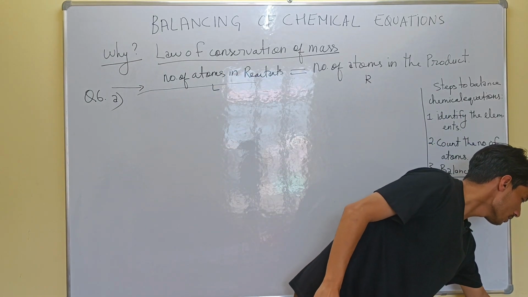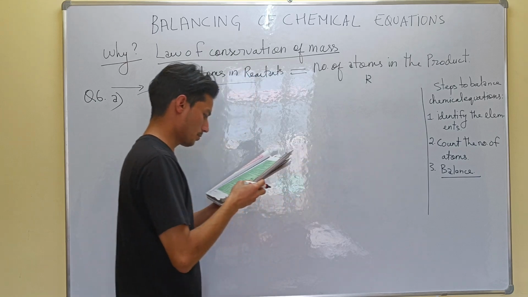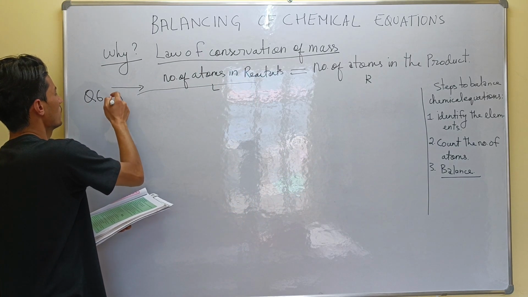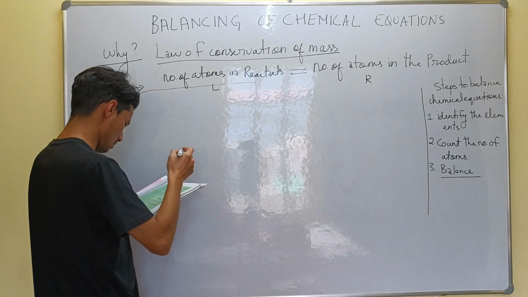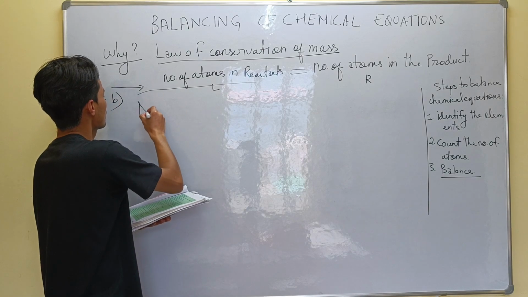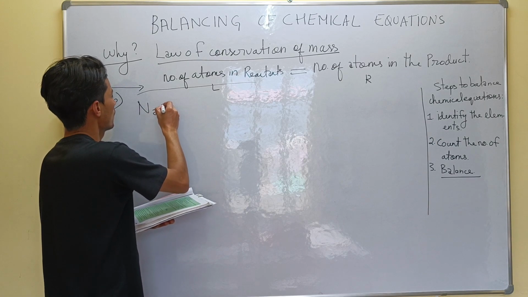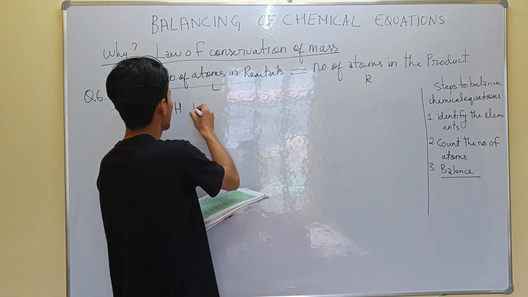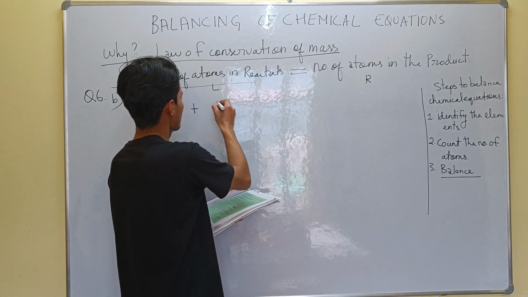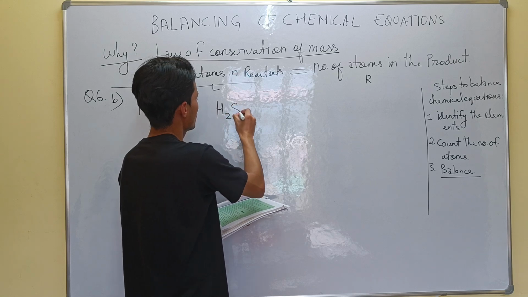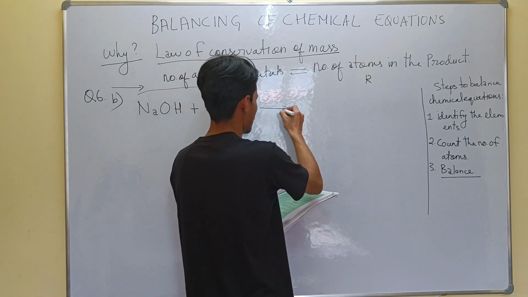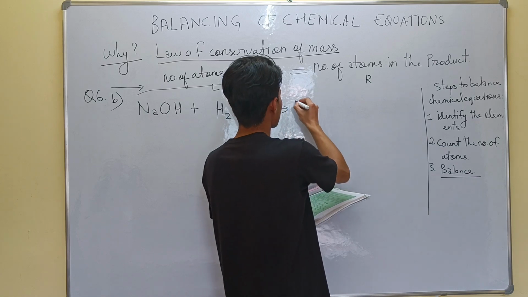The next question, let's do question number B. A is already done. So NaOH plus H2SO4 gives Na2SO4 plus H2O.